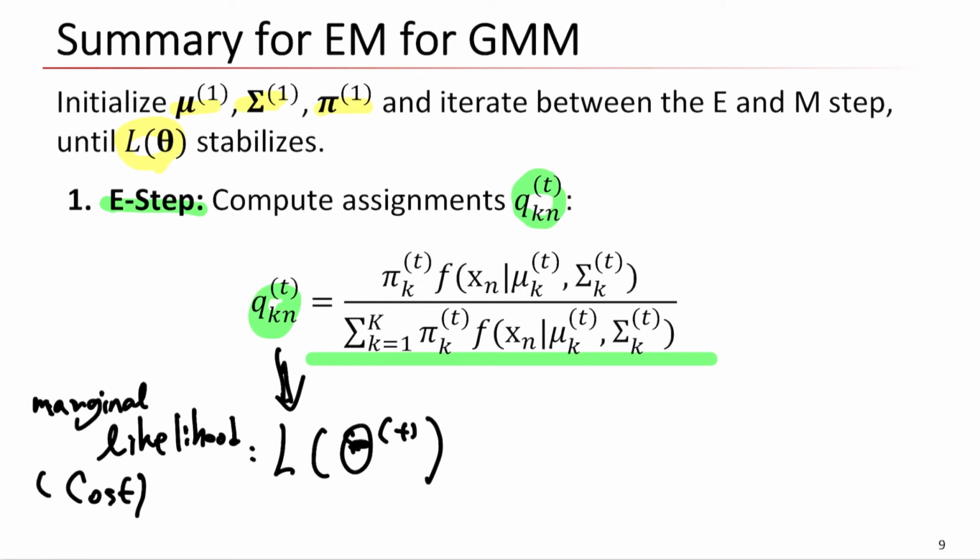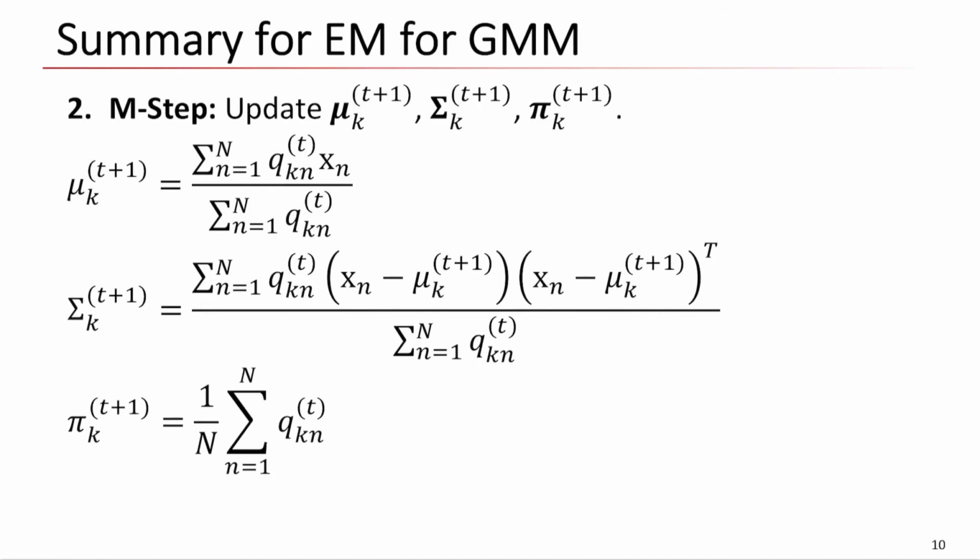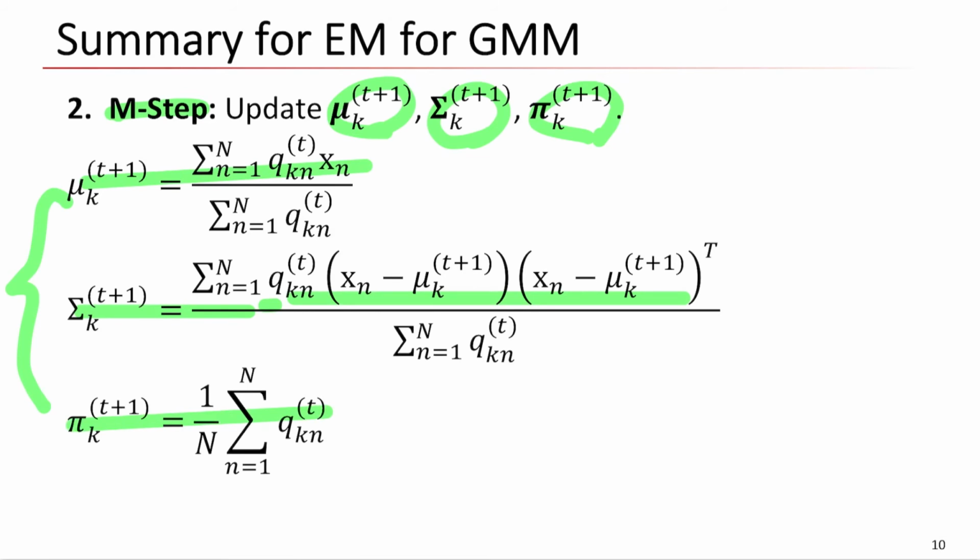Then in the maximization step, we can update mu k, sigma k, pi k using the following equation here.